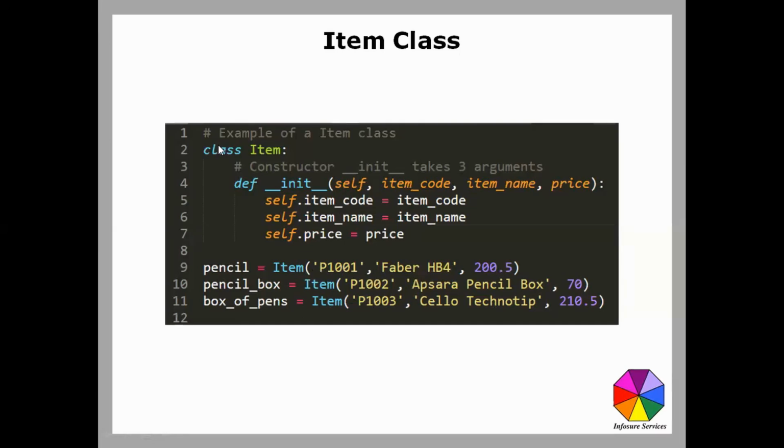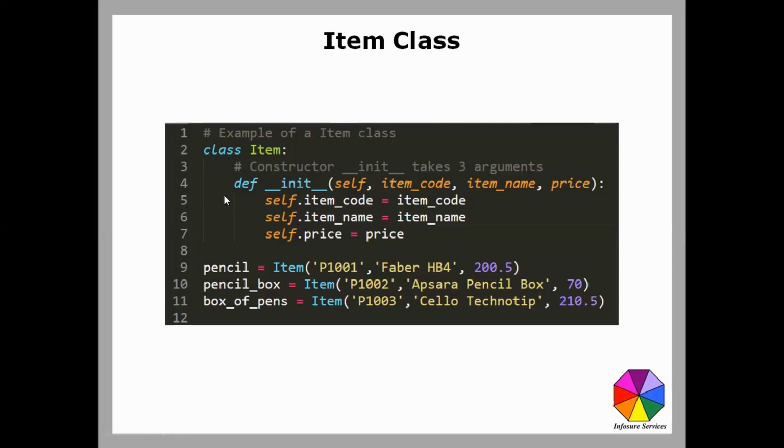This is inside the constructor definition of the class. Whereas when I'm initializing pencil equal to class, it is going to bind this data to be available in this object with the help of the constructor. Okay, is this clear? Any question? No, it's clear.